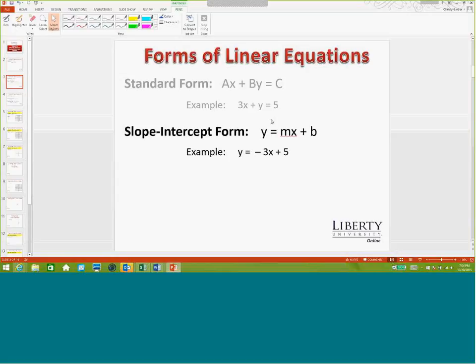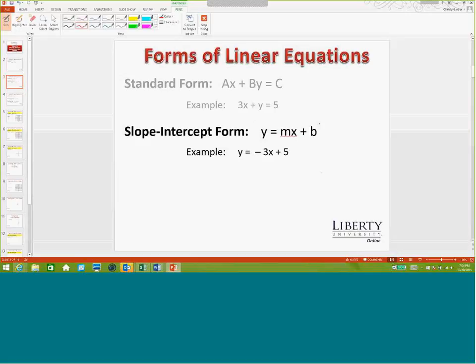And then slope-intercept form. This is the primary form that we're going to be looking at. When you go to write linear equations, every single time, unless they're asking you to put it in a different form, if it says write a linear equation for a line with this slope and this y-intercept, you will put your answer in slope-intercept form. Now be careful, MyLabs Plus is not consistent in their answers.